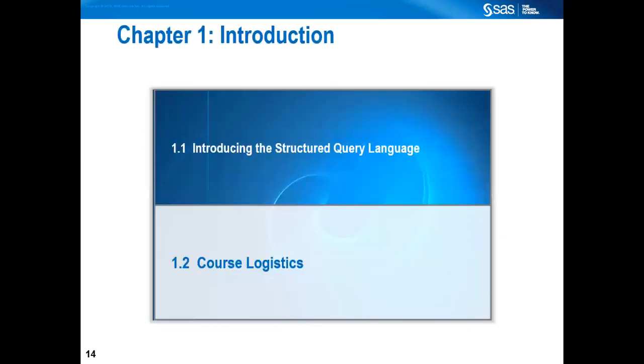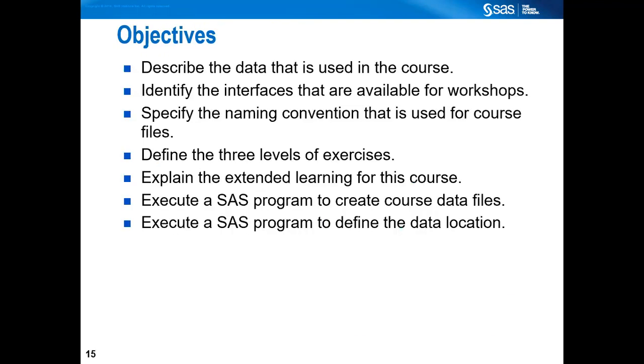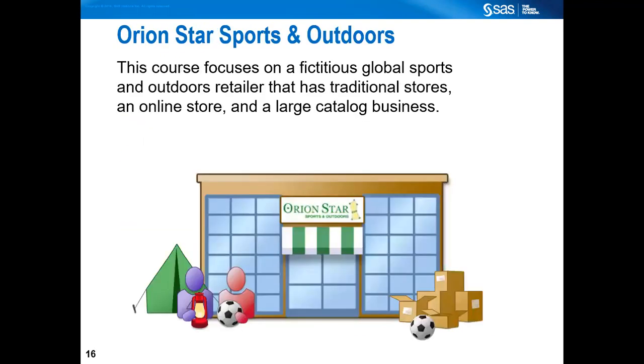So moving on with your course logistics, let's understand what data we'll be using. As we discussed, the data we'll be using is for the fictitious organization Orion Star Sports and Outdoors. This is a fictitious global sports and outdoors retailer that has traditional stores, an online store, as well as a large catalog business.